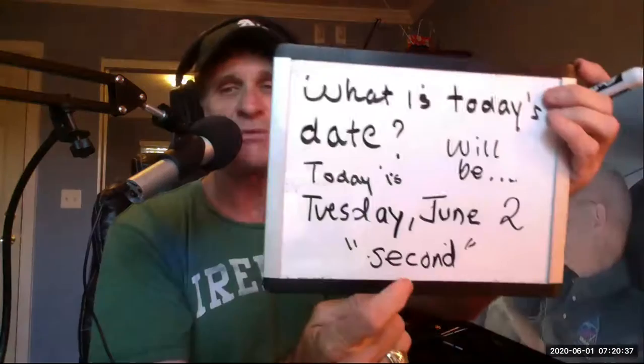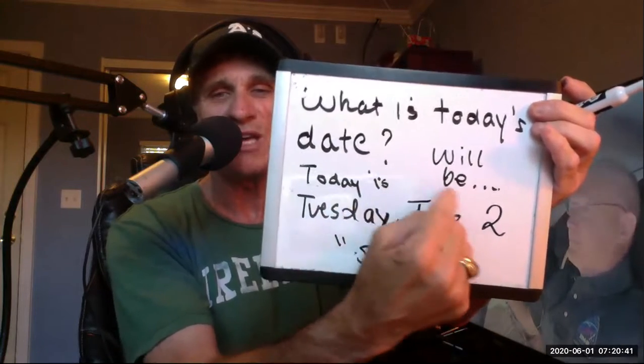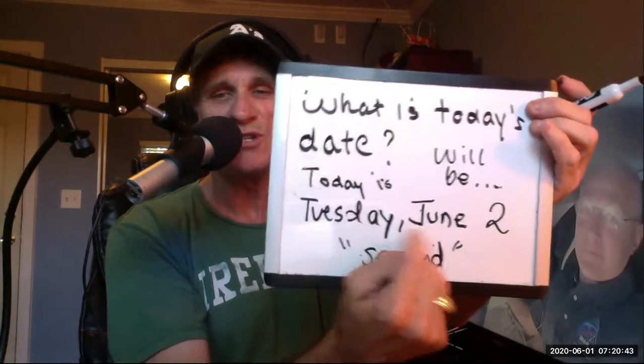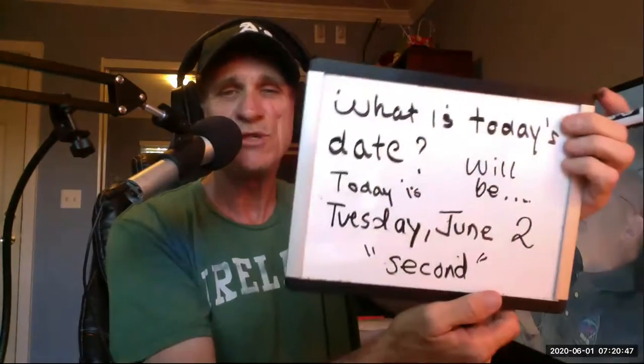Okay? Tomorrow will be Tuesday, June 2nd, right? Tuesday, June 2nd. Good job. Okay. Today is Monday, June 1st. Tomorrow will be Tuesday, June 2nd, right?